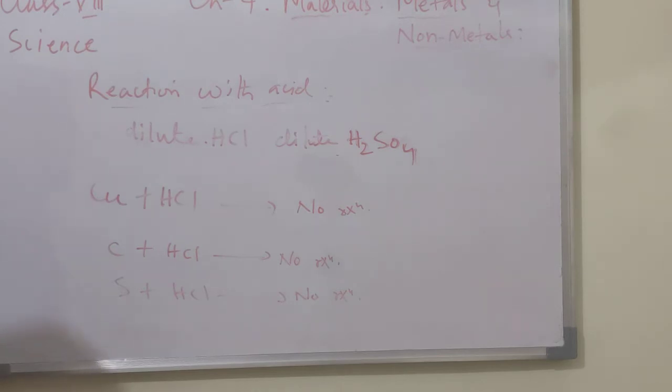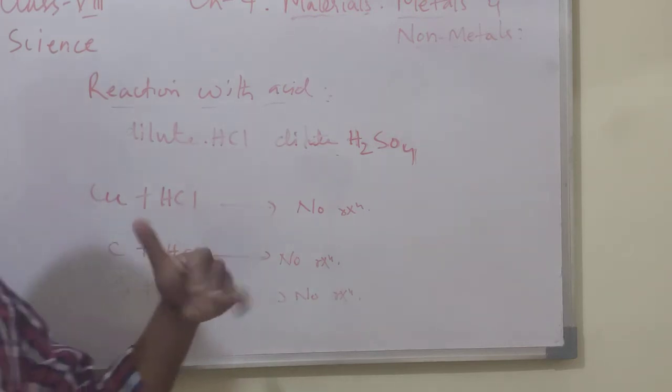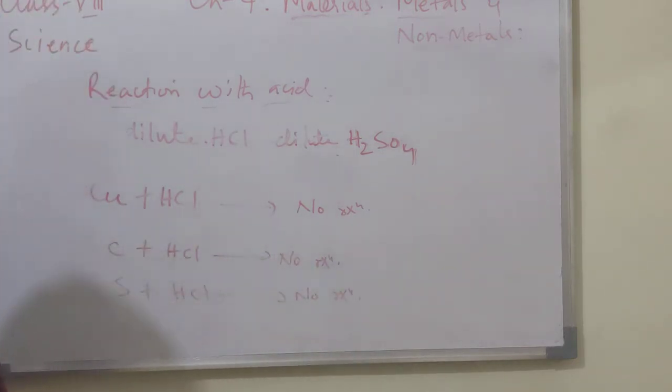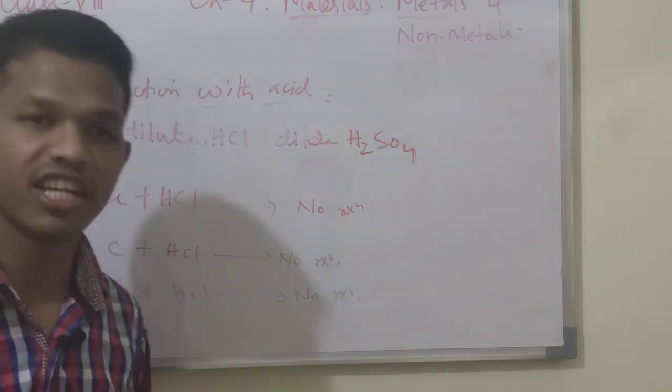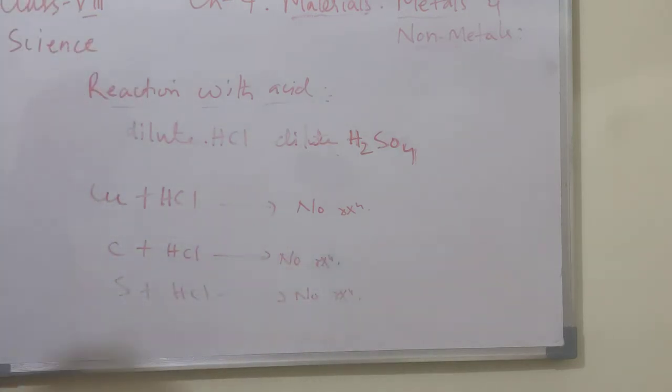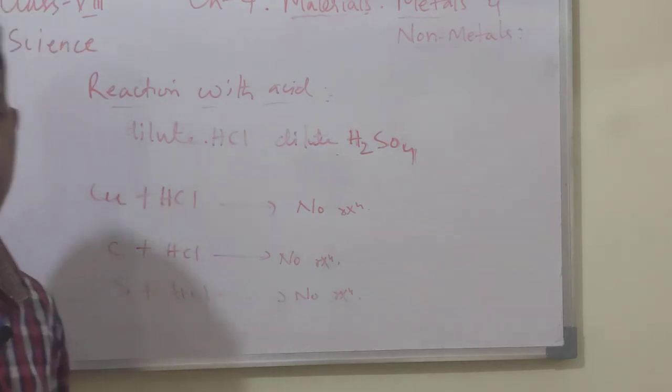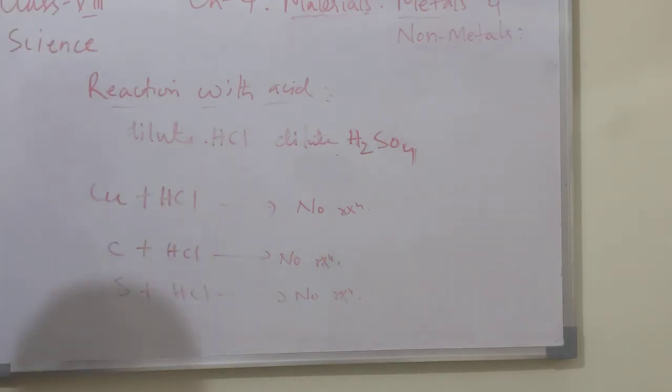So this is how reactions with acid work. More reactive metals react with acid vigorously and produce a flame when you bring a matchstick near the test tube, because hydrogen gas is produced. Most non-metals will not react with acid, but most metals react with acid vigorously.